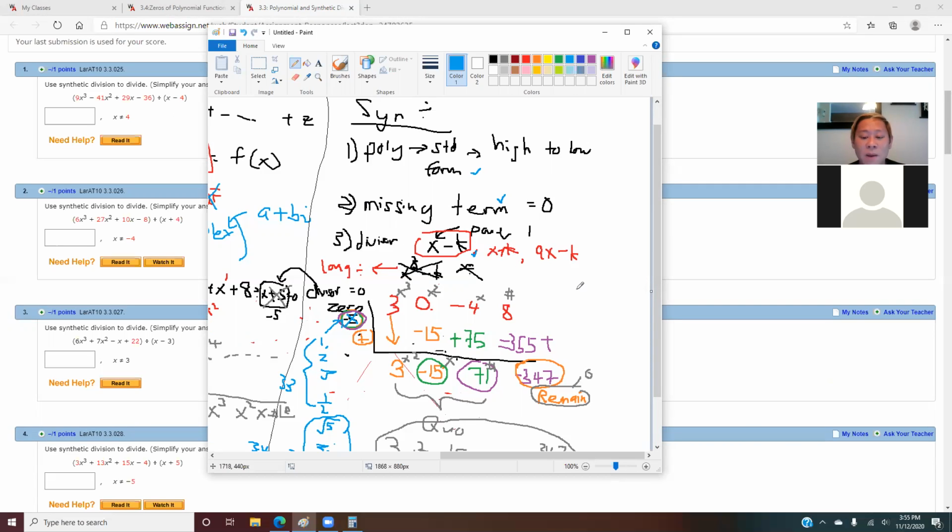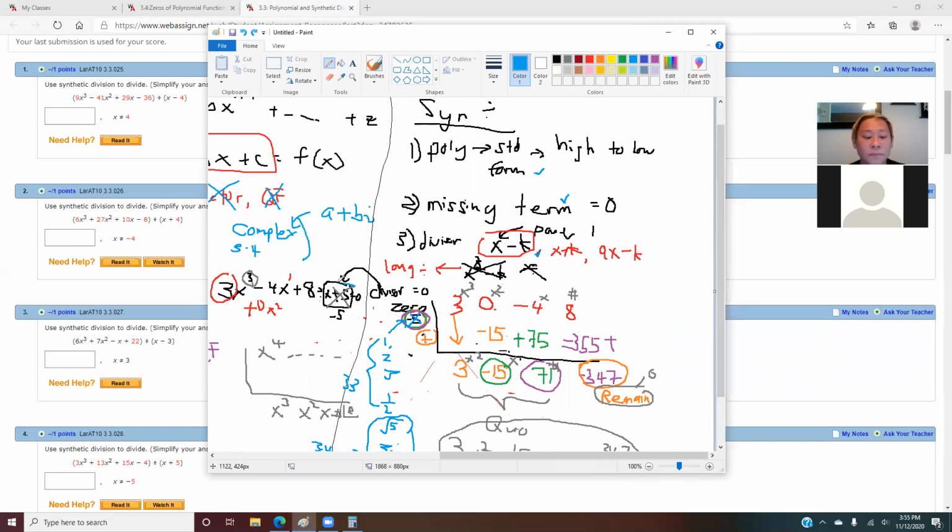Do you remember how to find your zero here, Karishma? Remember how I found the negative 5? How do I find negative 5? From the divisor, right? The one that we divide with.